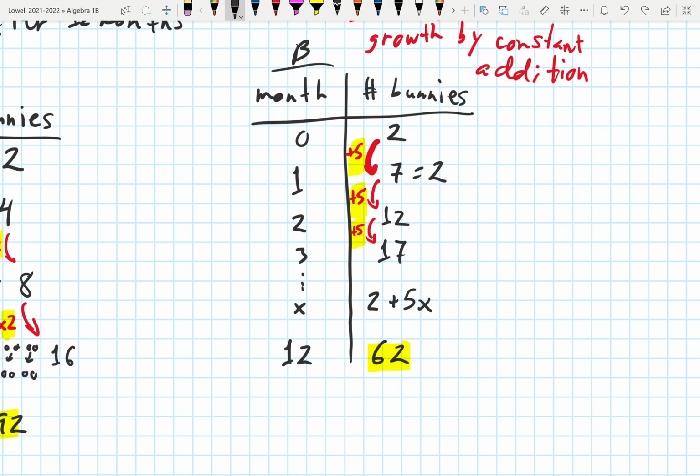I started off at 2, and then I added 5 to get to 7. So I could just say 2 plus 5. I can still do the same thing here, same idea. I started off at 2, and then I added 5 twice. I did 5 plus 5. Now, I can do the same thing. 2 plus 5 plus 5 plus 5.